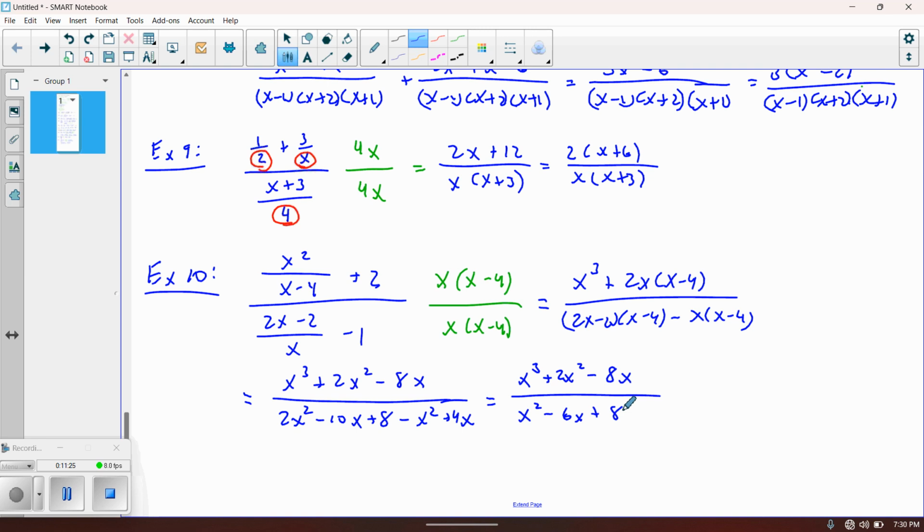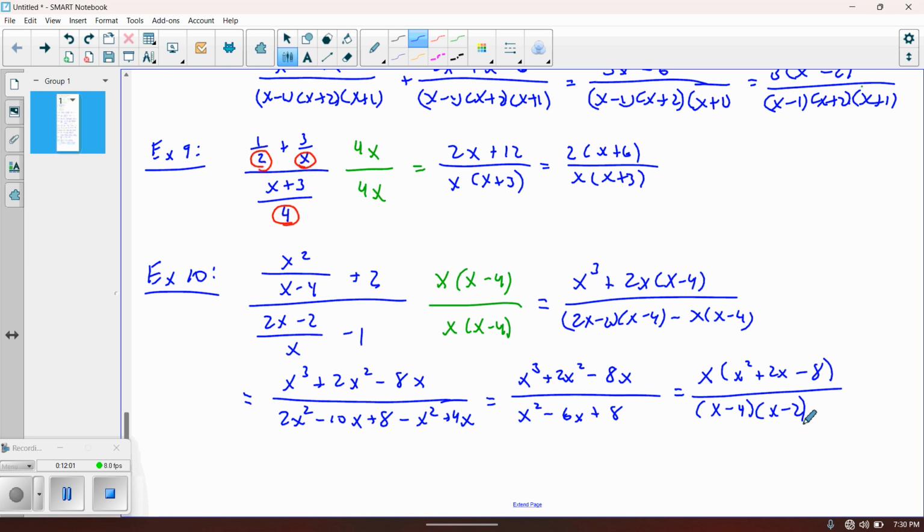All right. Now let's see if this stuff factors and simplifies. We can definitely factor a common factor out of the numerator, which is going to be x, which is going to leave x squared plus 2x minus 8. And the denominator, let's see, is that going to factor? Let's be 4 and 2. Yes, that will factor. That's going to be an x minus 4 and an x minus 2. And does that numerator factor any further?